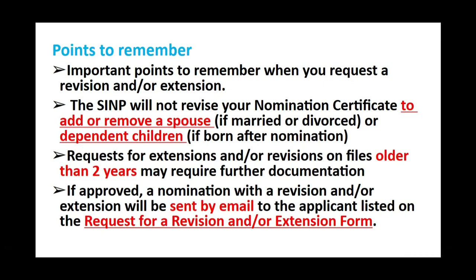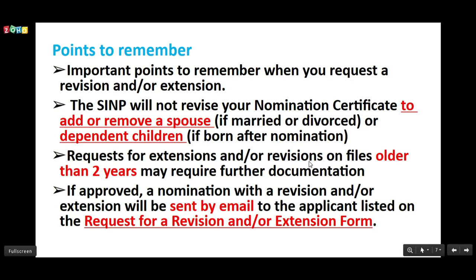And if you request an extension or revision after 2 years, then you may require further documentation. And when you send a request, if your request is approved, then you will get a nomination letter in your email, to the applicant listed on the SINP request for a revision or extension form.